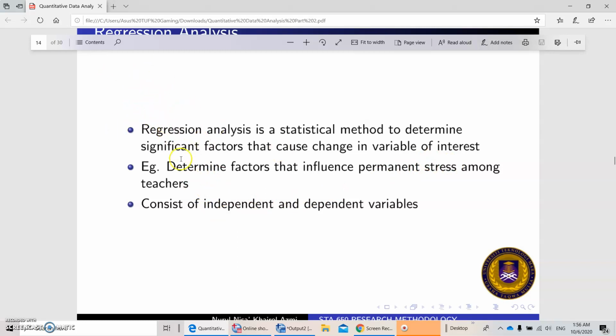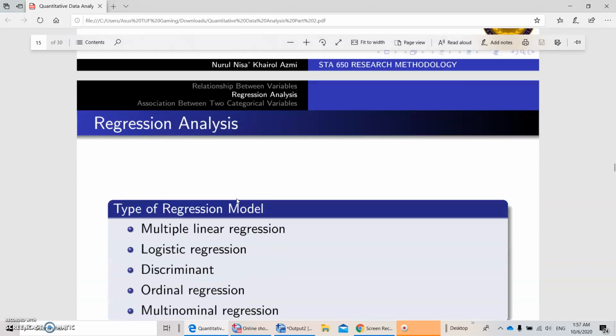In regression analysis, we have independent and dependent variables. If we only have one independent variable, we call it a simple regression model. But if we have more than one independent variable, we can run a multiple linear regression analysis.